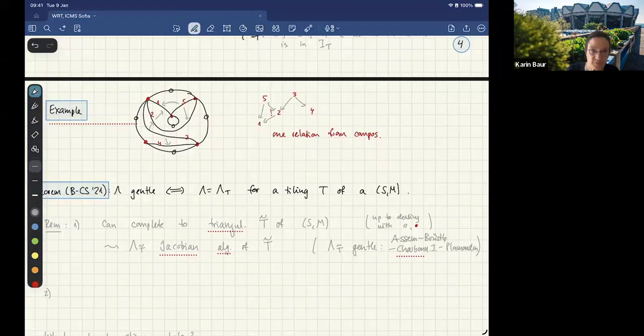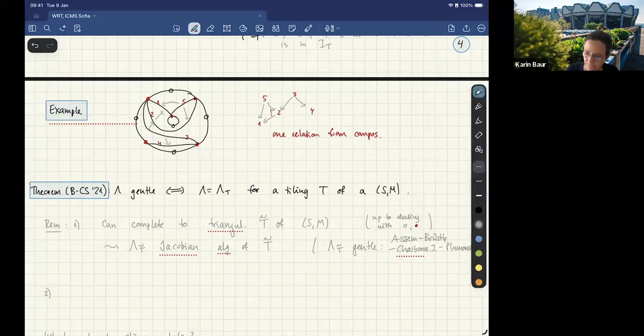Then, I hope you can see that well. So here I said we can characterize gentle algebras, but we do more. We also describe the module categories in terms of permissible arcs.